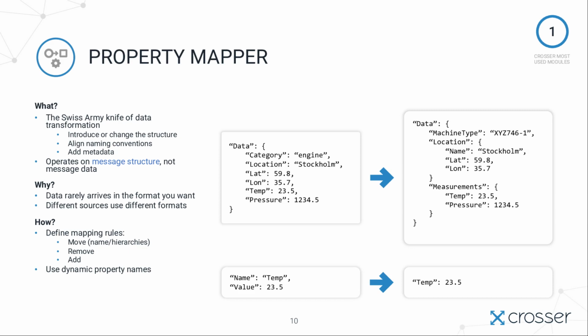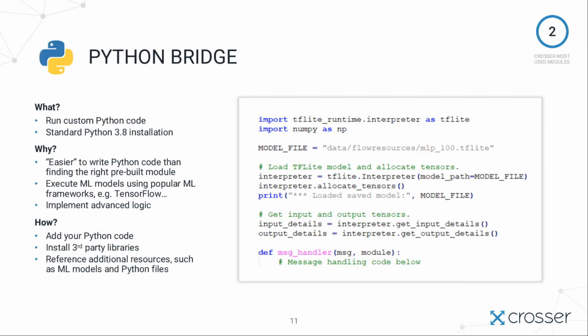When we get into the second module, it was actually more of a surprise, and to be honest, also a bit of a disappointment from our point of view, because the second most popular module in our library is this one called Python Bridge, and this is a module that allows you to run your own Python code as part of a flow.